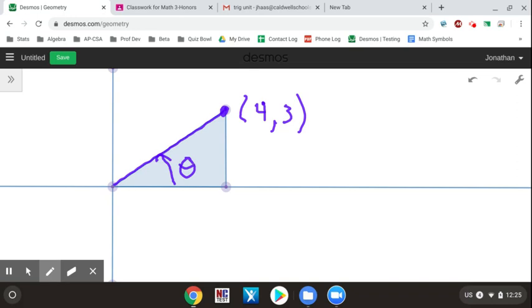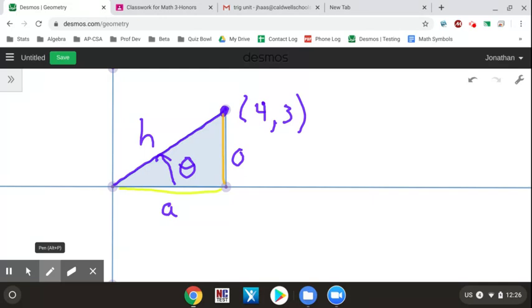Here's one thing I do want to point out. When I'm talking about my trig functions, this is still the hypotenuse, this is still opposite, and this is still adjacent, because the side here that I'm marking in yellow is the side that is next to theta, and the side here that I'm going to mark in orange is the side that is opposite from theta.